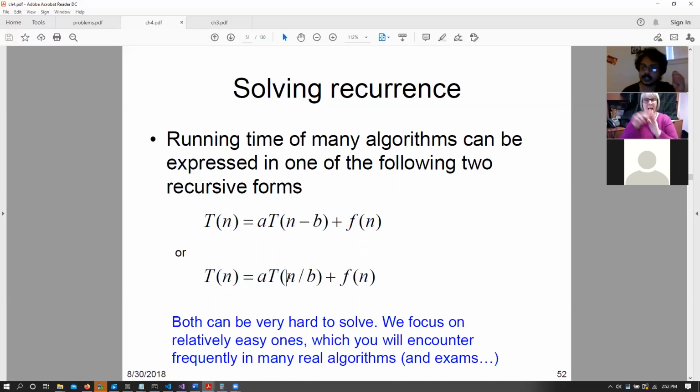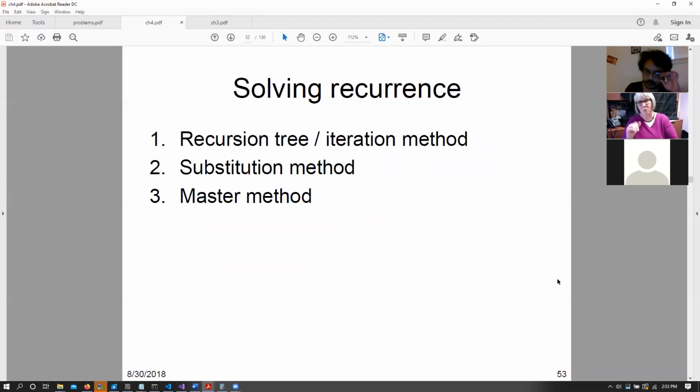Essentially, either we are reducing our n by a fixed amount every time we call this function, or we are dividing our n by some fixed amount every time, right? That is the difference between these two recurrence relations. It can be something else, but usually these are the two forms.